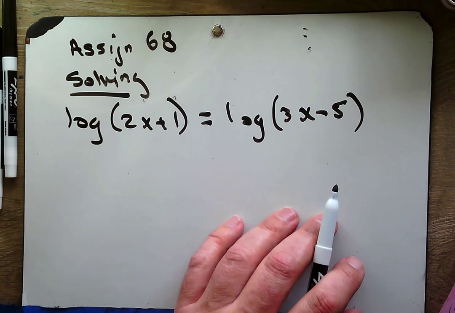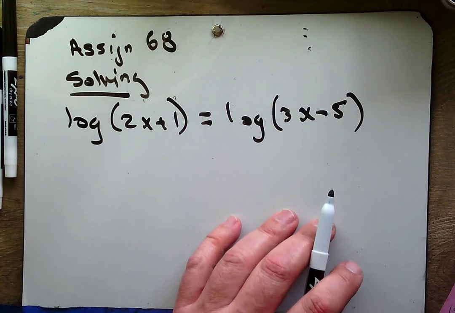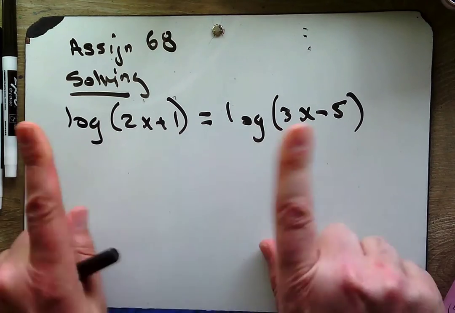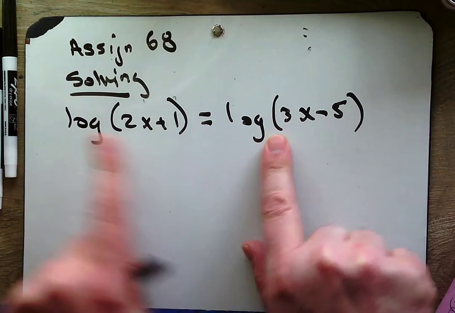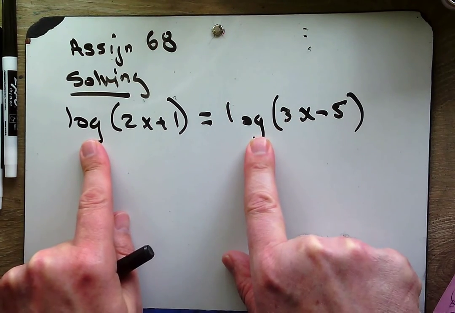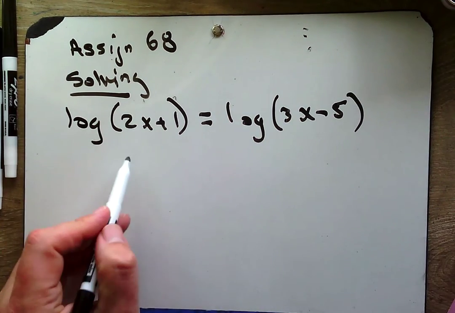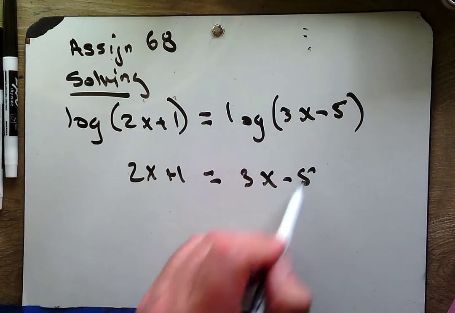And the one-to-one property isn't about a function having an inverse. It's about the fact that these things are equal, and they're both the same log base. So if the terms are equal, and they're both the same log base, then the arguments must be equal as well. 2x plus 1 equals 3x minus 5.